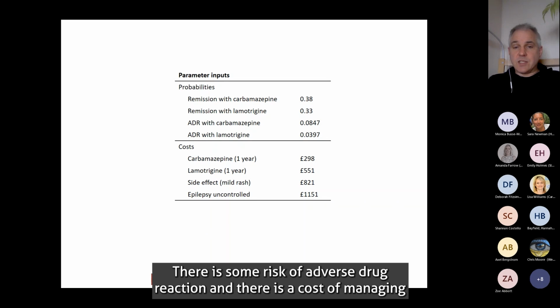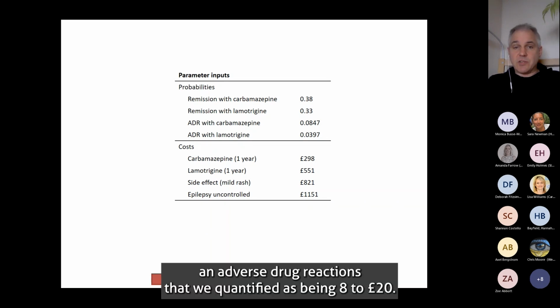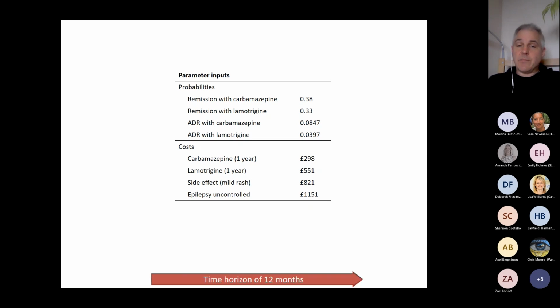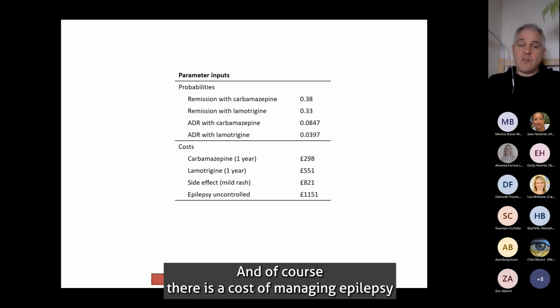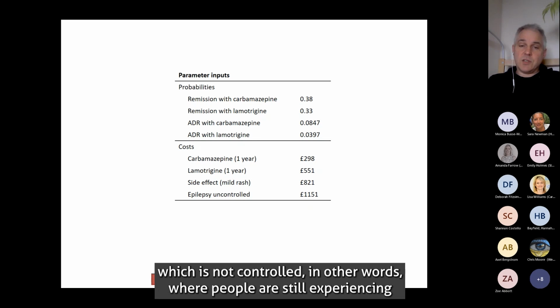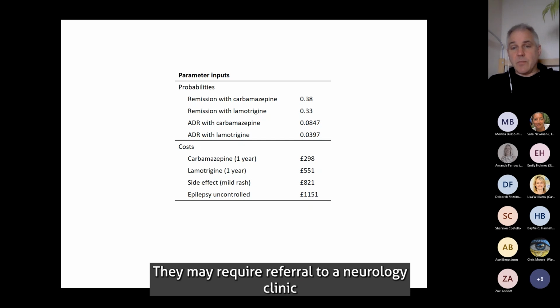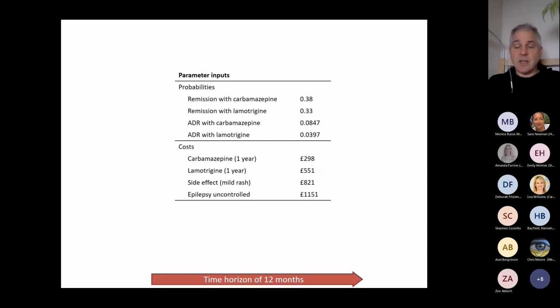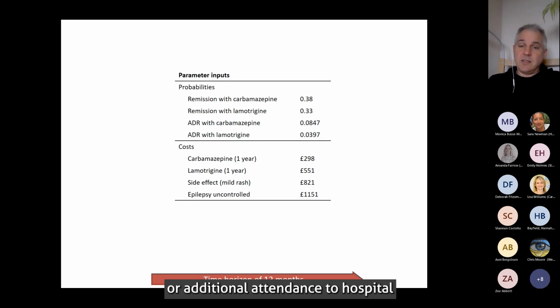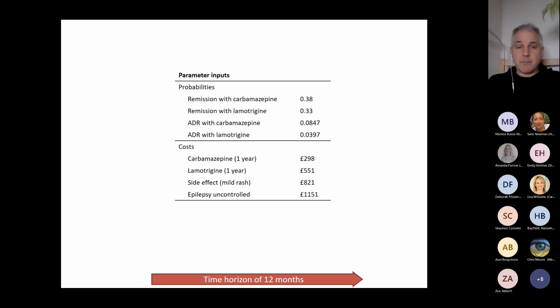There is some risk of adverse drug reaction, and there is a cost of managing an adverse drug reaction that we quantified as being £820. And of course, there is a cost of managing epilepsy which is not controlled. In other words, where people are still experiencing seizures, they may require referral to a neurology clinic or additional attendance to hospital for whatever reason, and such like.